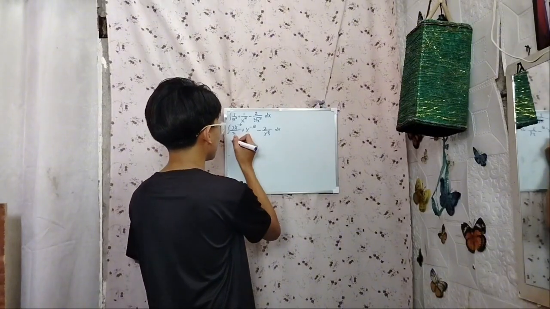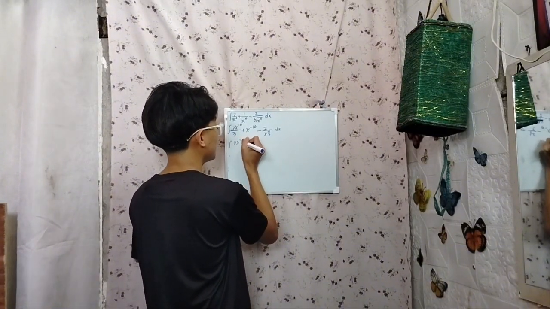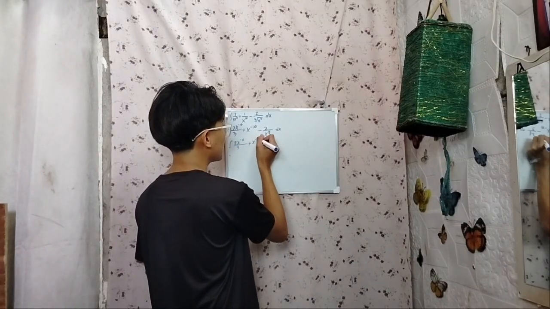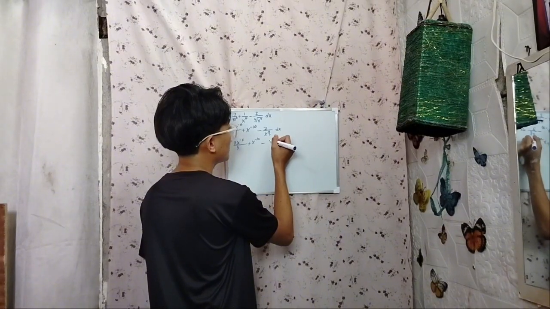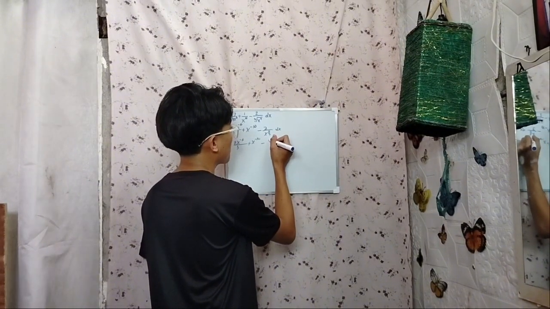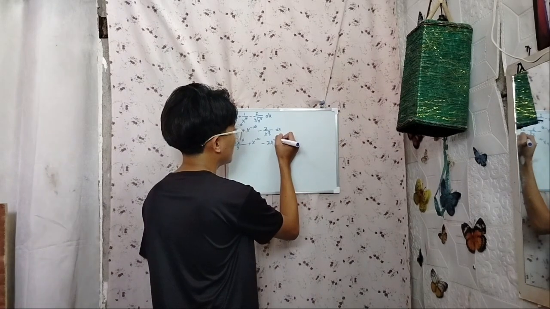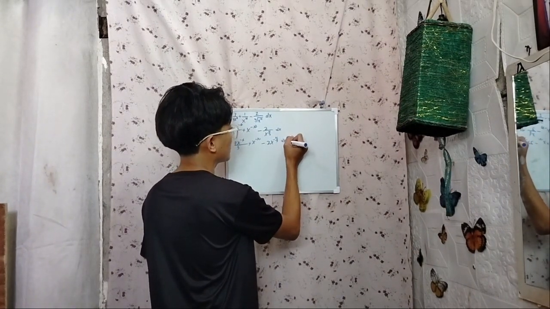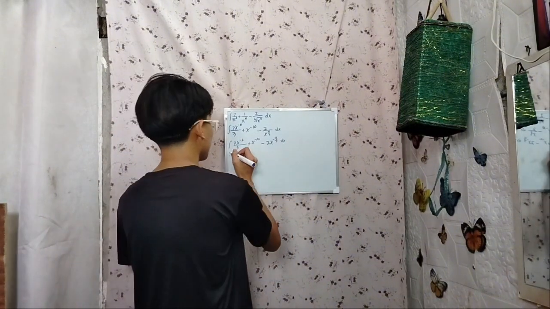So 7x raised to negative 6 over 3, plus x raised to negative 10, minus 2x raised to negative 4/3 dx. So apply the power rule.